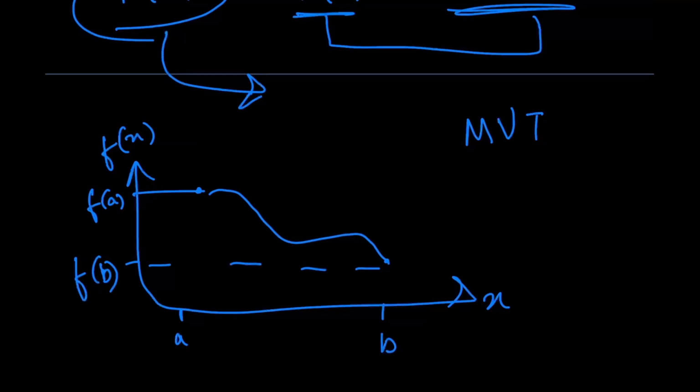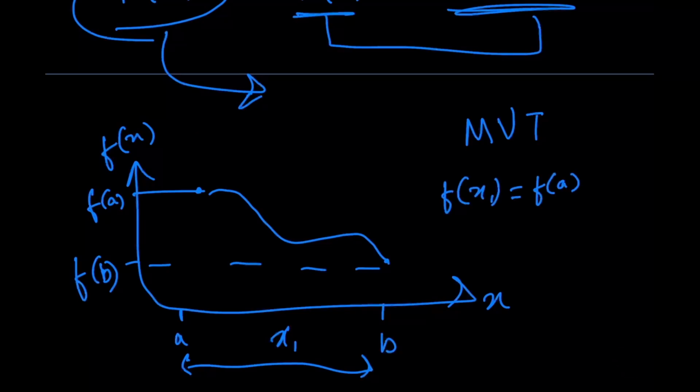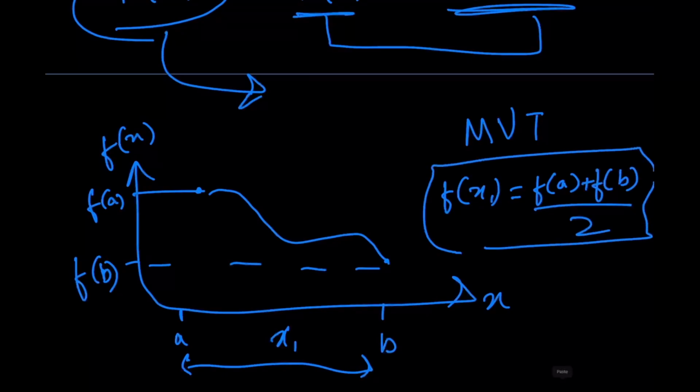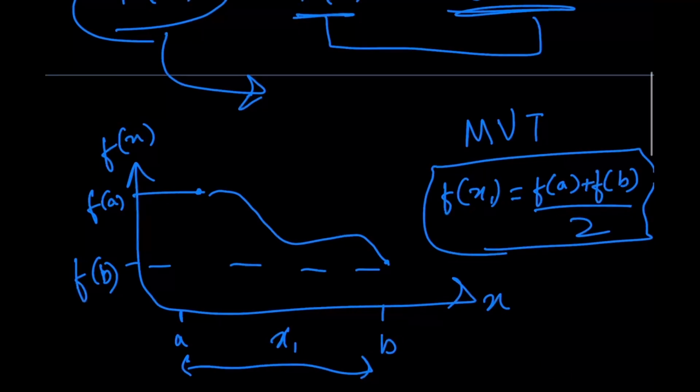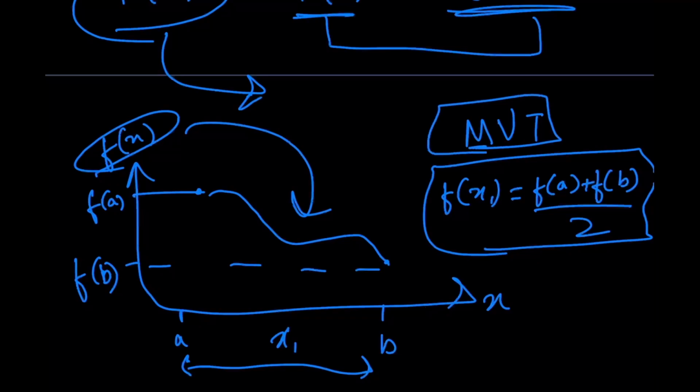Could you find me a point between a and b, let's call it x1, such that f of x1 is equal to f of a plus f of b divided by 2? And the answer is yes. You'll always find such an x1 given the function is continuous. This is what the mean value theorem basically states.